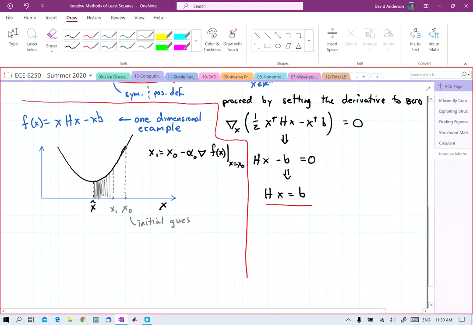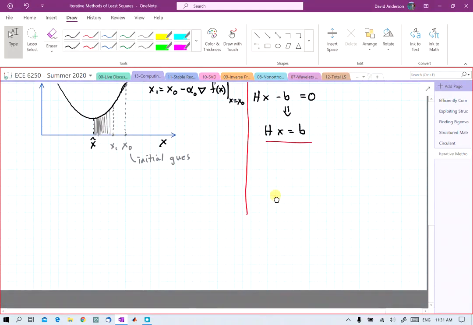That's the general idea. Now it's possible, if we're not careful, that we could overshoot or undershoot. So for example, if we had the same problem and we had our initial guess right here, and we wanted to move in this direction as defined by the negative derivative, if we move too far, just for illustration, I'm going to put that there.